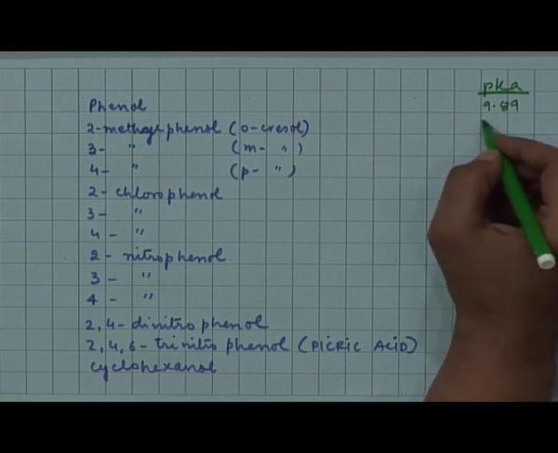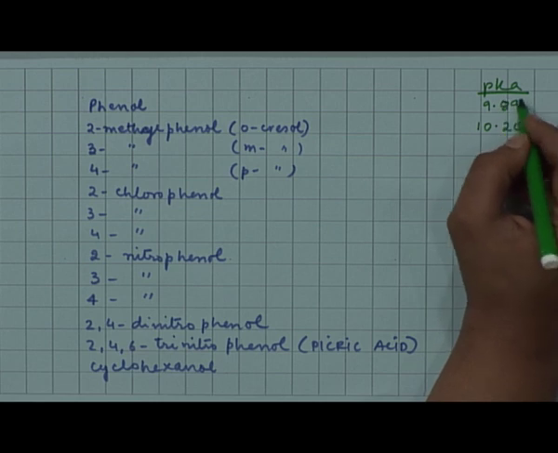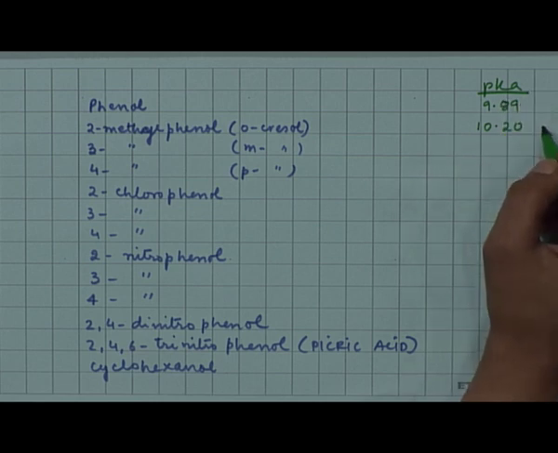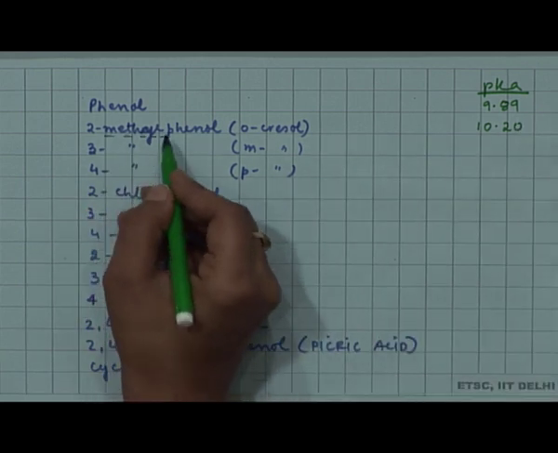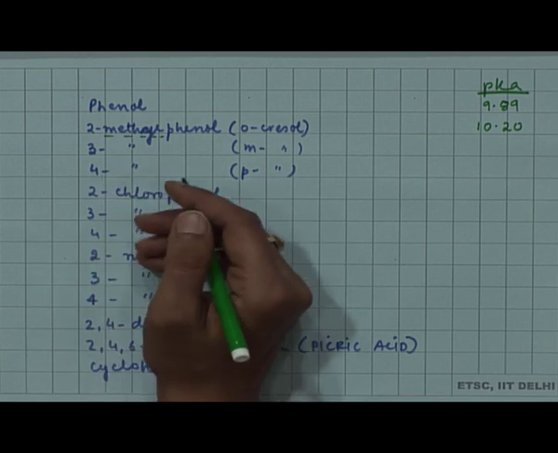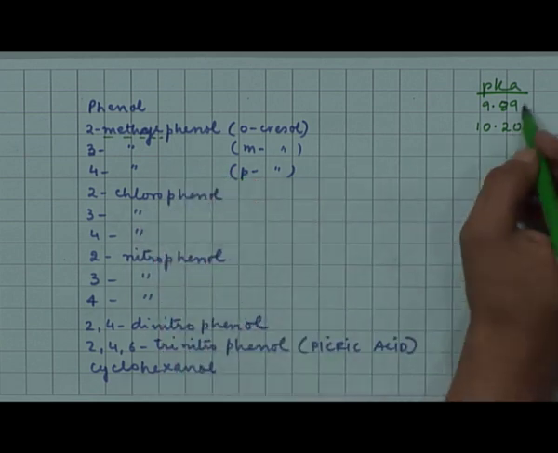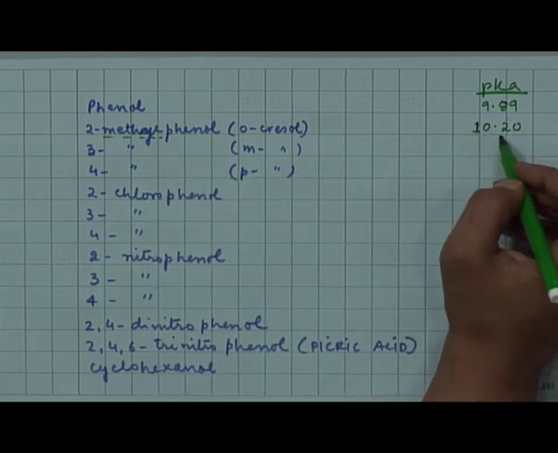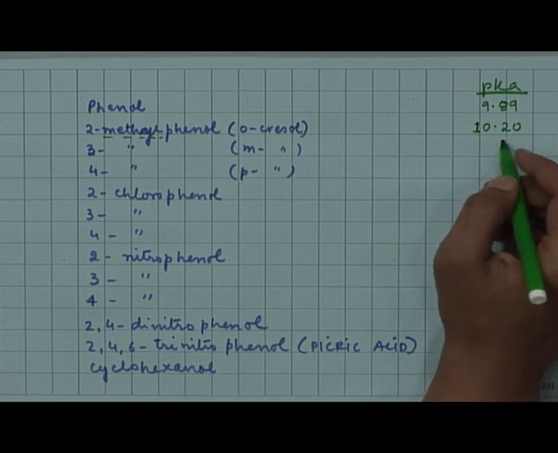9.89. With 2-methyl phenol it increases. Okay. So, a lower pK shows it is more acidic. Here it is increasing because the methyl group increases the electron density on the ring, and therefore, the acidity of the OH bond decreases.